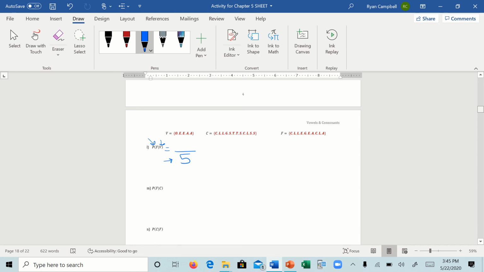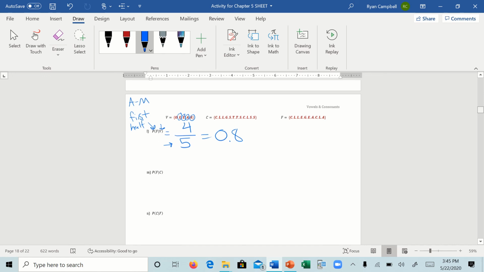So remember, F was the first half of the alphabet. That's A to M. So what are the letters that are A to M? Well, we see E, A, and A, right? Those are all in the first half of the alphabet. So that's 4 of them out of 5, because O is not in F. So that's 0.8.